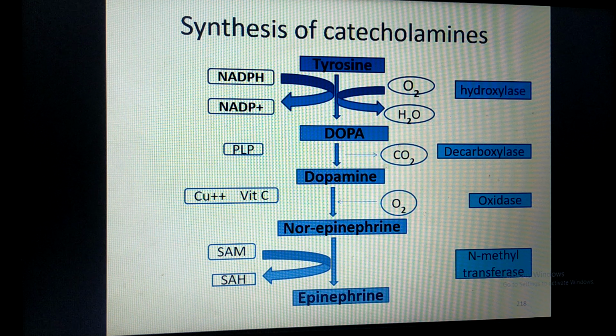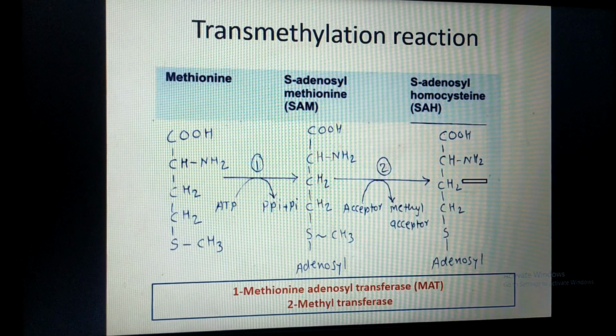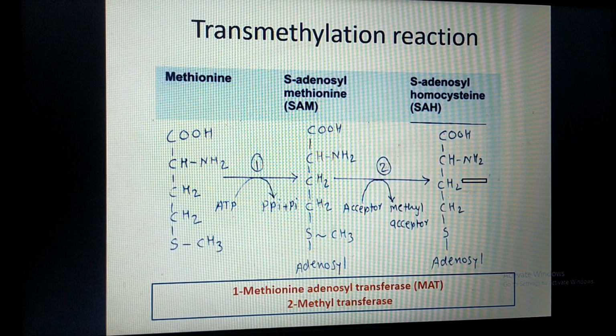Norepinephrine then combines with S-adenosyl methionine. Here norepinephrine acts as a methyl acceptor. If you remember the transmethylation reactions which I have explained in the glycine metabolism, this is a transmethylation reaction. First methionine combines with ATP.